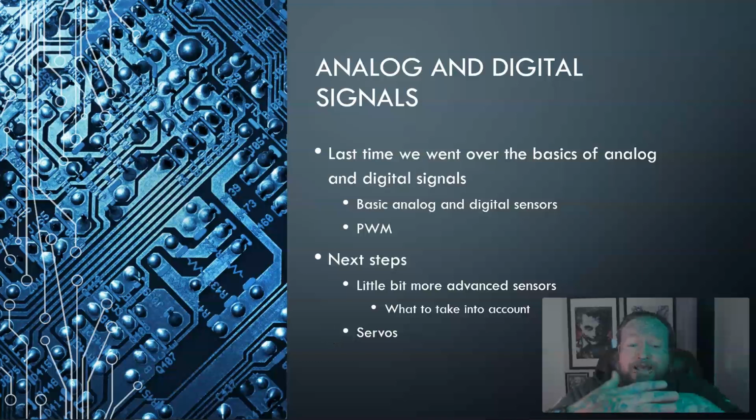As I mentioned, last time it was about analog and digital signals, the discrete, wave-like forms or the digital on-off. And what does that mean for those signals coming in? What does that mean for you coding, wiring and connecting things, especially when working with an Arduino Uno?